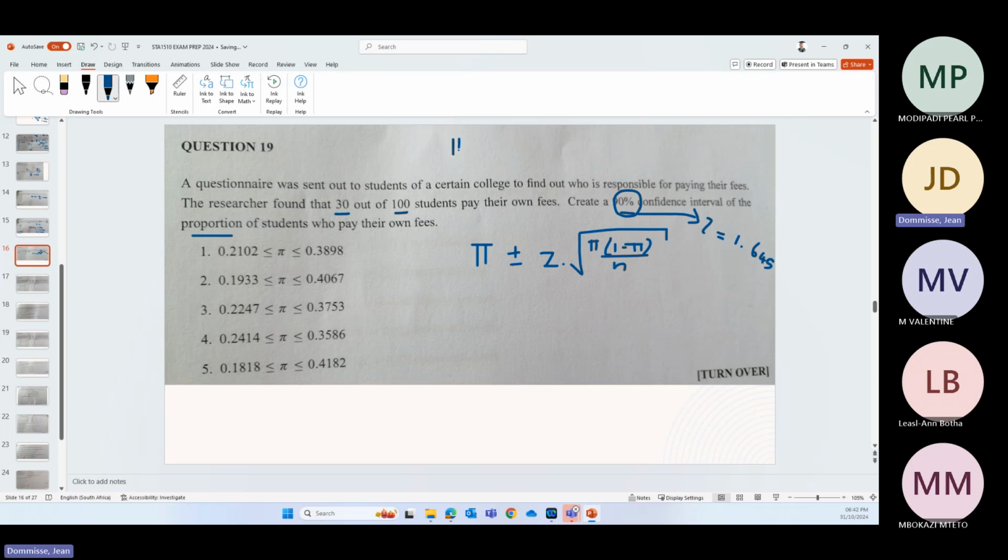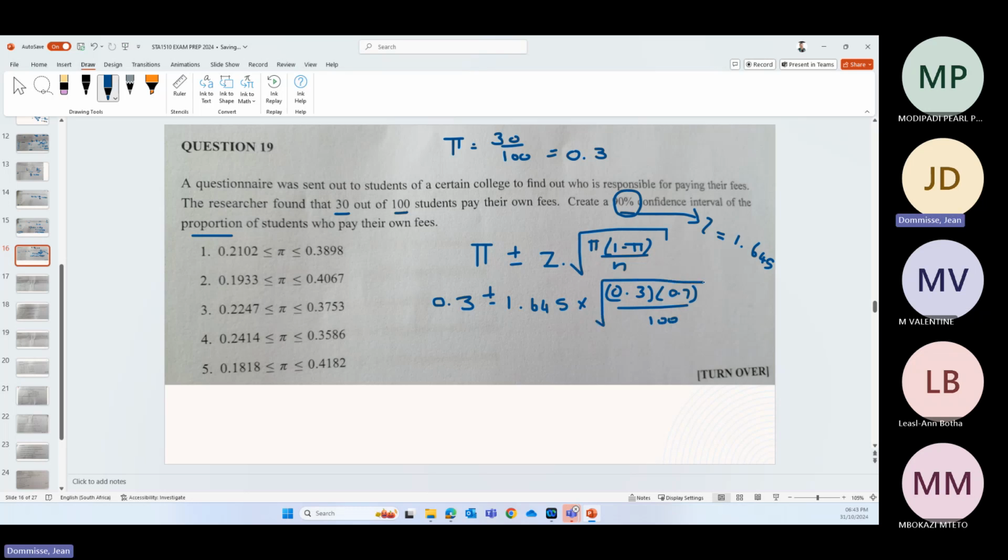The proportion is 50 divided by 100, so that is 0.5. So we have 0.5 plus minus 1.645 times the square root of 0.5 times (1 minus 0.5), which is 0.5, divided by 100.